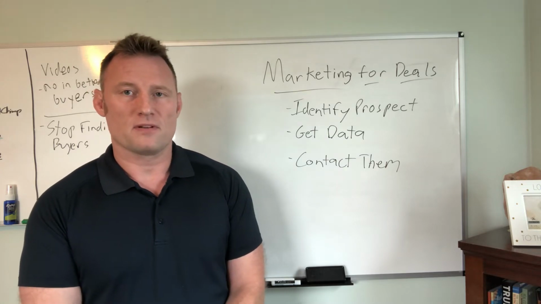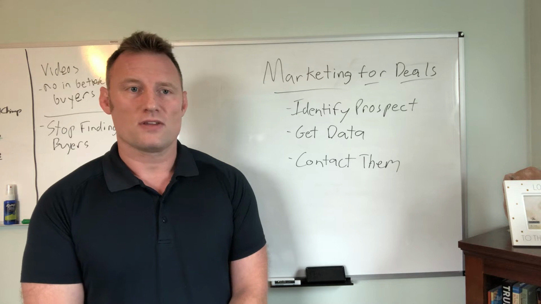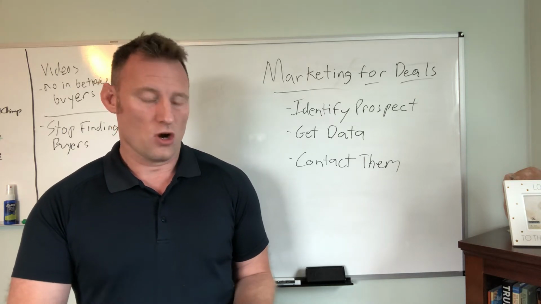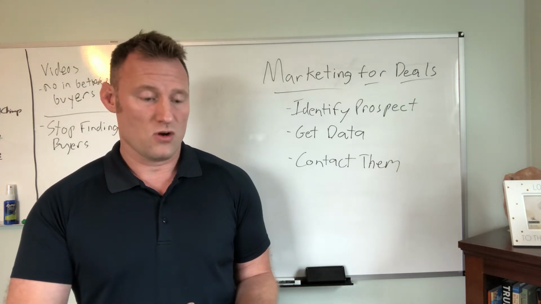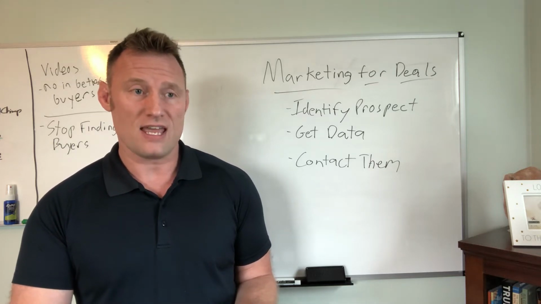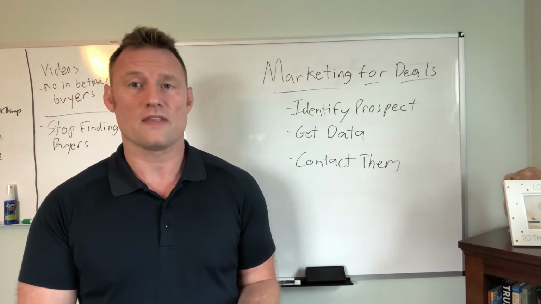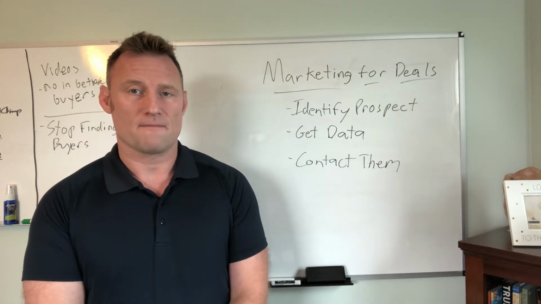So for example, if you go to listsource.com, you can get very, very specific with who you're going to be targeting. You could target an absentee owner who is over the ages of 45, who has not lived in the state and has 50% or more equity on that property. That's how specific you can get on that type of thing.